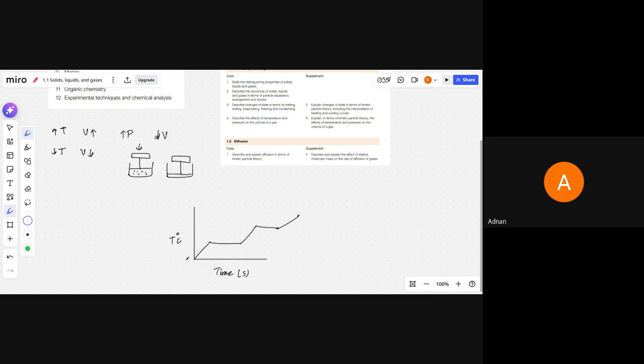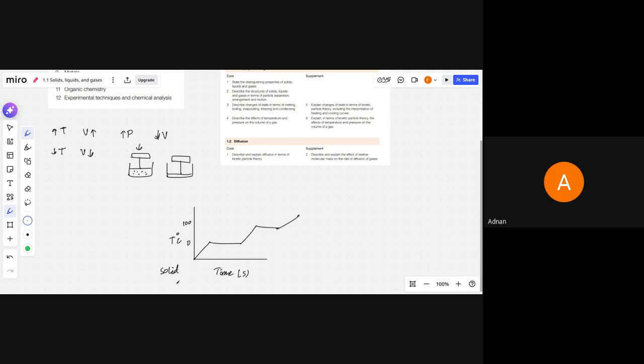This is 0 degrees Celsius, then 10, 20, 30, all the way up to 100. Since this point is lower than 0, water will be in a solid state here.